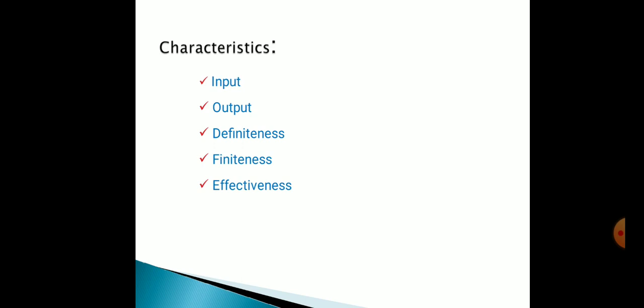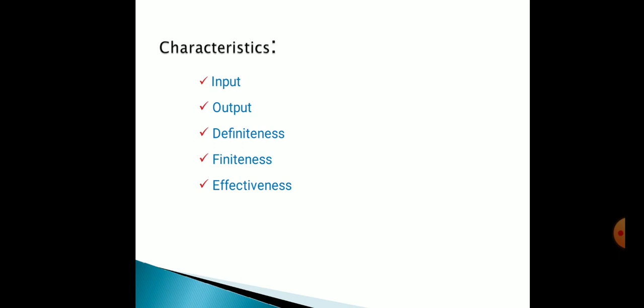Definiteness specifies how to write the steps in the algorithm. The steps in the algorithm should be clear and unambiguous, meaning the steps should have a unique meaning that can be easily understood by the system.